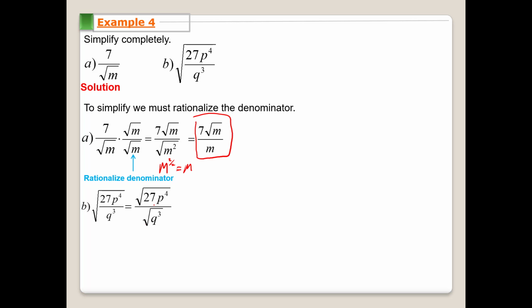So with that, now let's see if we can break that down a little bit further. Because at 27, we can knock that down to 9 times 3. And let's see what we do on the denominator. We should take the q squared times q.